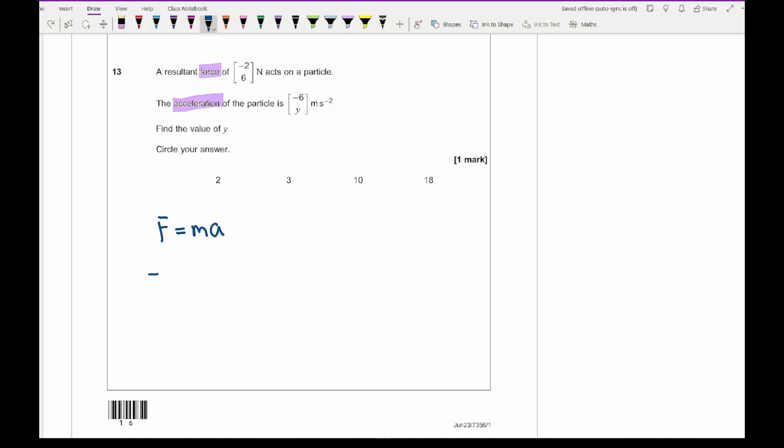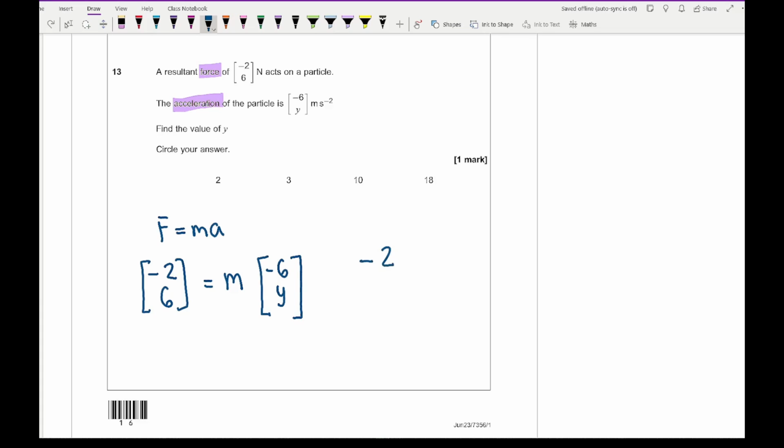If we use the vector for force of -2.6 equal to mass times our acceleration of -6y, we can then set up an equation based on the -2 and -6.